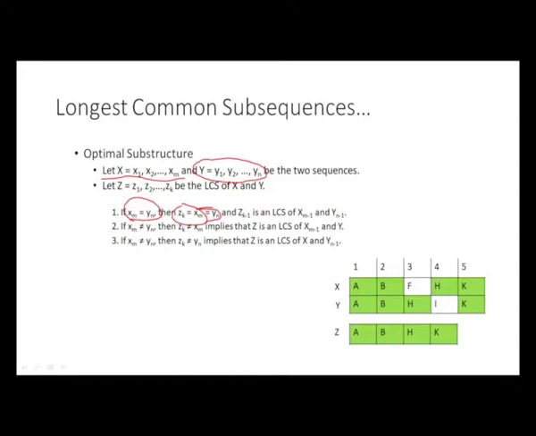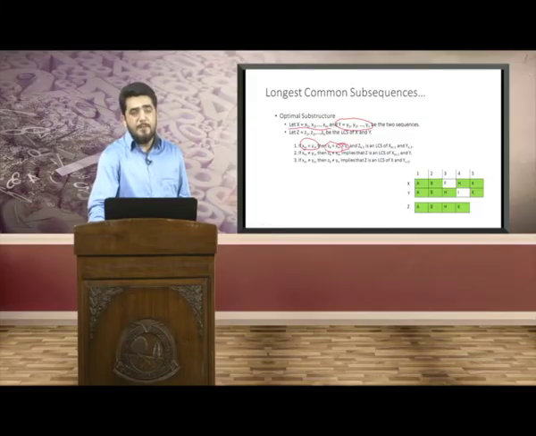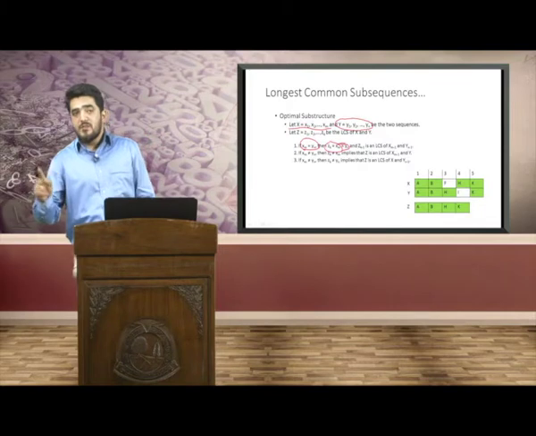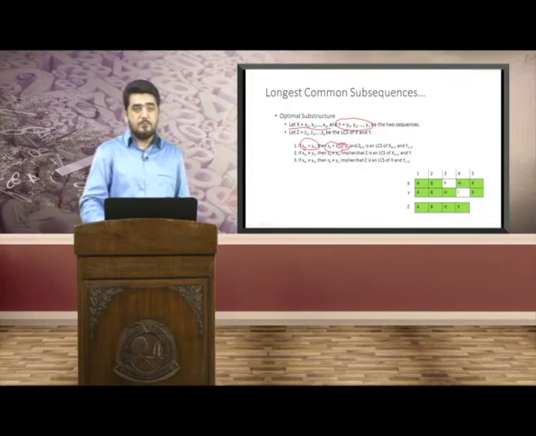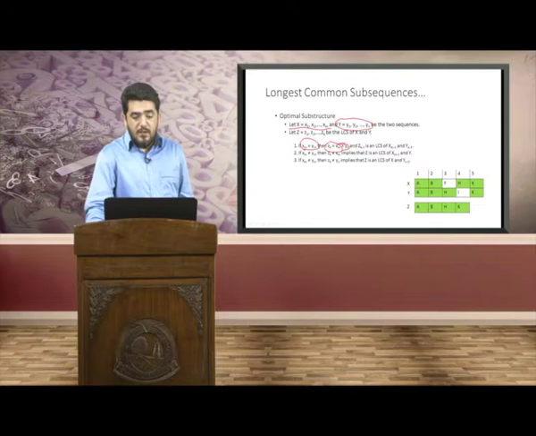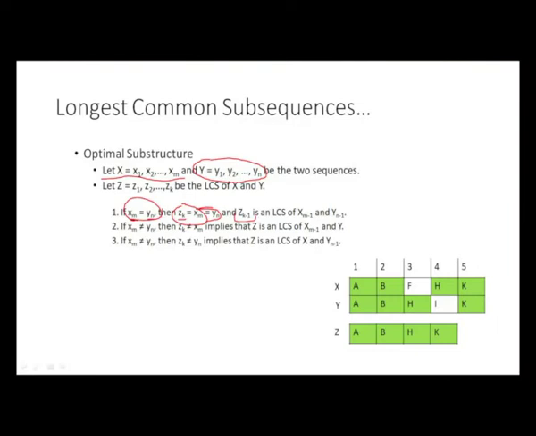So if the last character of both the strings matches, then the last character of the longest common subsequence will also match the character that is in question right now. If the last character of one sequence matches the last character of another sequence, then it is obvious that the last character of our longest common subsequence will be the same character, and the remaining portion of the longest common subsequence, that we represent as zk minus 1, is the whole longest common subsequence minus the last character.